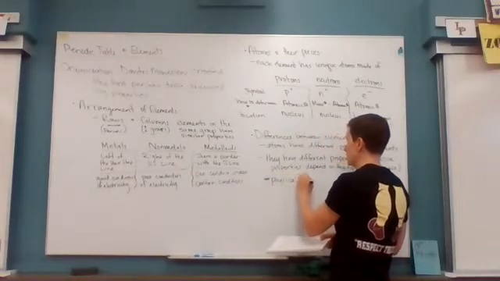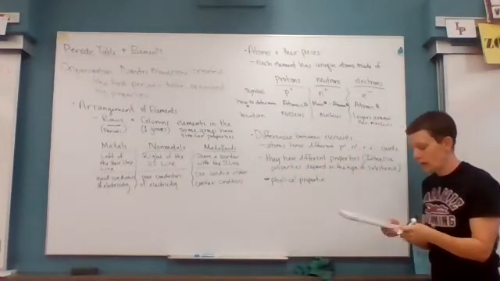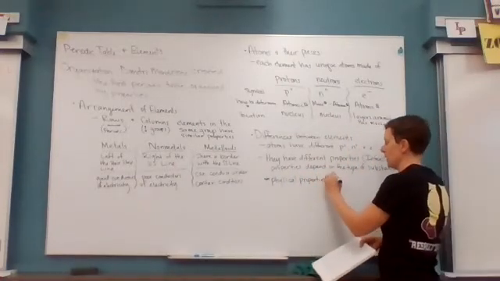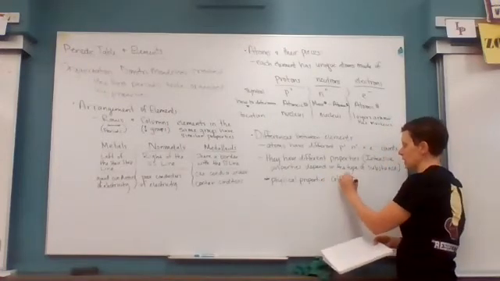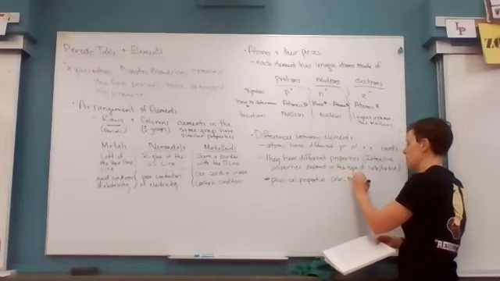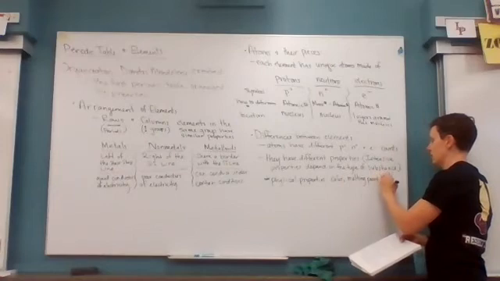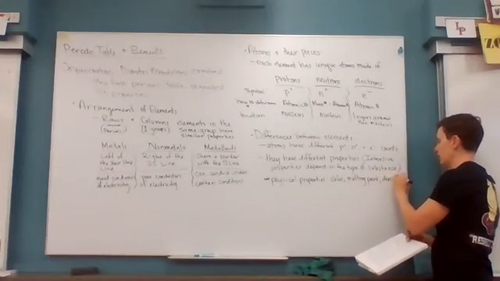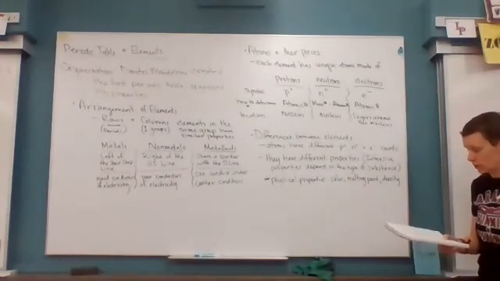Physical properties are going to be, I'm going to just give you some examples. Color, melting point, density, etc. We're going to do a lot more with this later, just a little introduction.